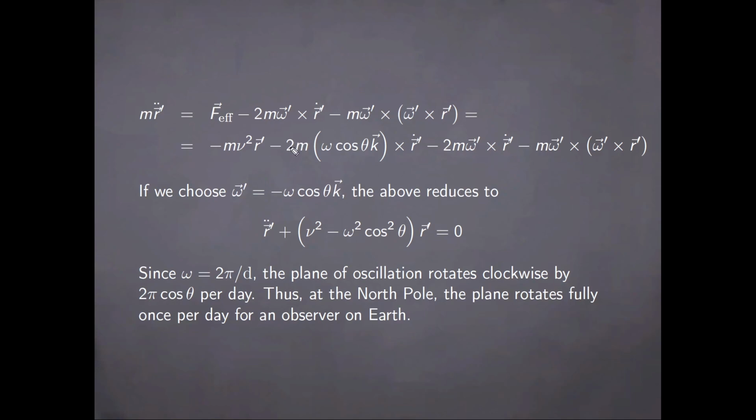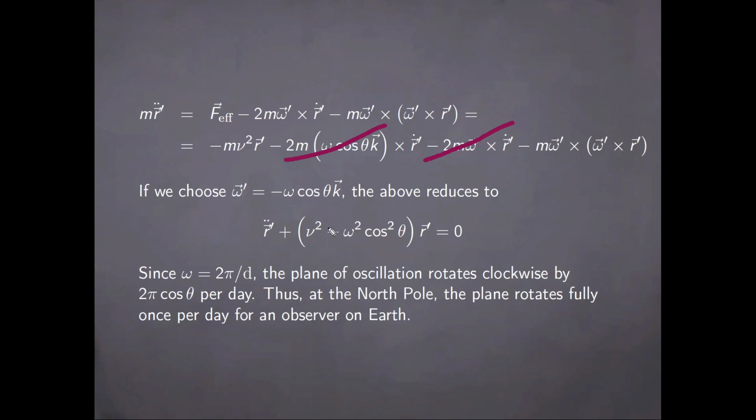And notice that in particular, if we choose omega prime to have this expression, then this term and this term cancel out, and the equation of motion reduces to that of a simple harmonic oscillator in 2 dimensions. Now, omega, which is the angular frequency of the Earth, is 2 pi divided by a day.